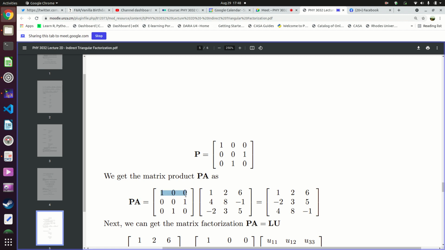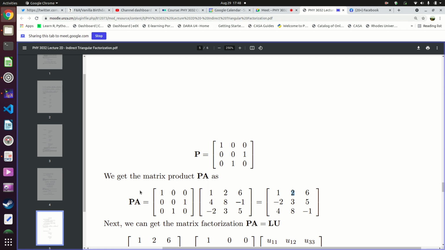So the permutation matrix times the matrix A. When you do that, 1, 0, 0 times this first column, I get a 1: 1 times 1, 0 times 4, 0 times 2, so I get a 1 here. There's no change in the first row. This first row multiplied by the second column: 1 times 2, 0 times 8, 0 times 3, so I get a 2 here.